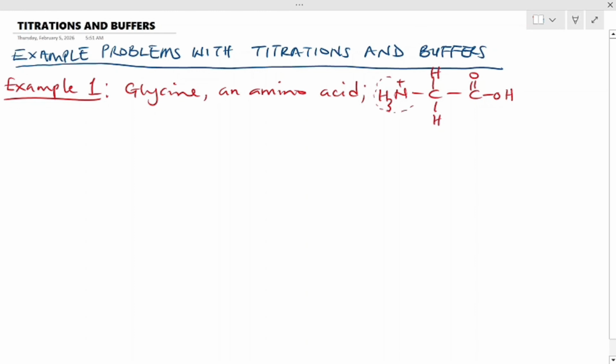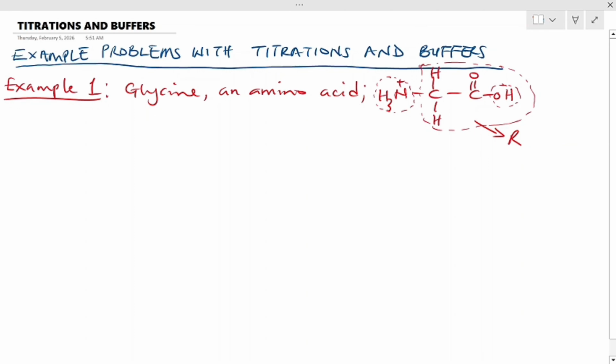You can demarcate it like this and indicate this part as your R group.